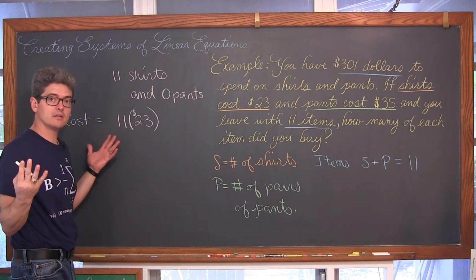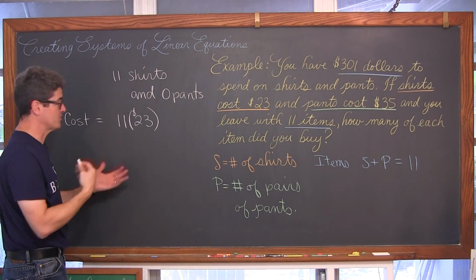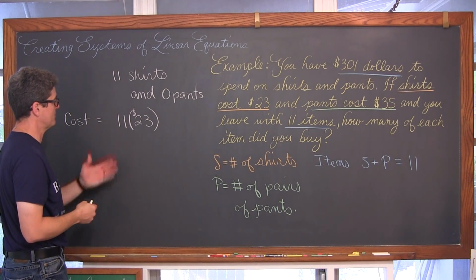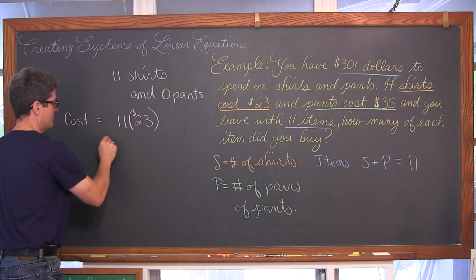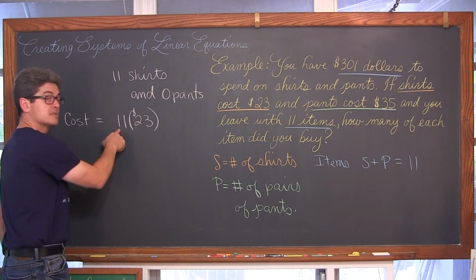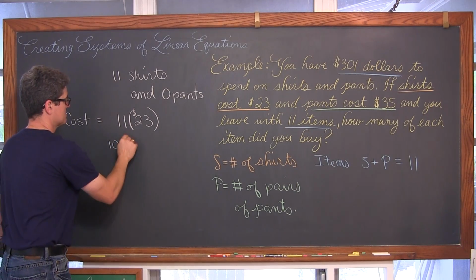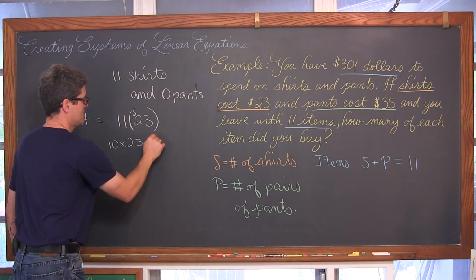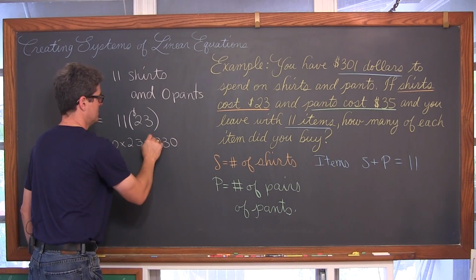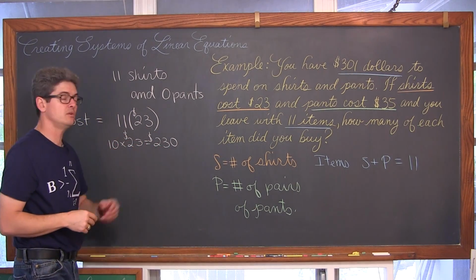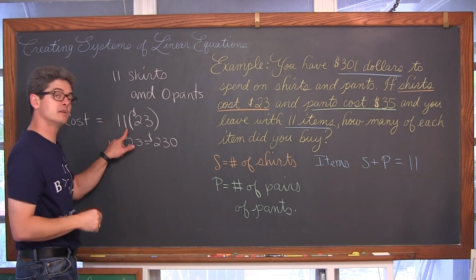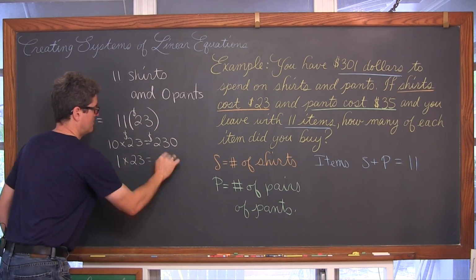Well, that'd be 11 times $23. I don't have a calculator, and I didn't mean to go off on this tangent, so I'm going to break the 11 up into 10 plus 1. 10 times 23 is $230, because that's $23 per shirt.